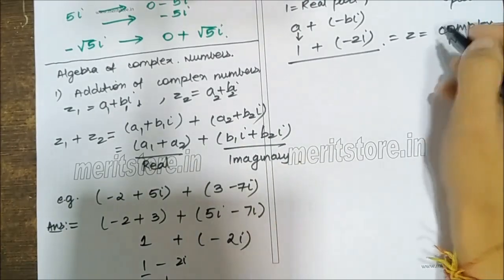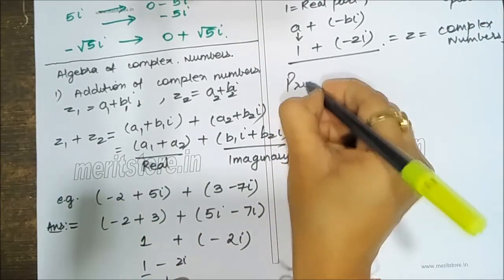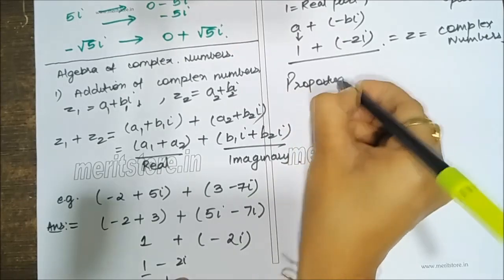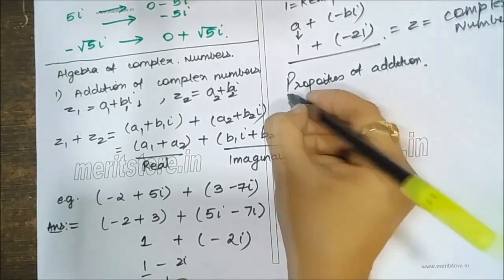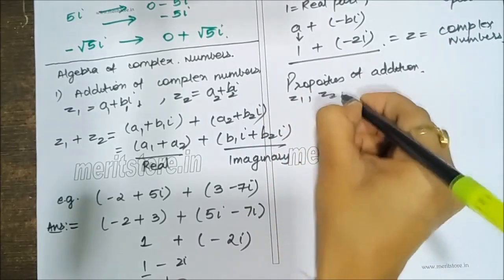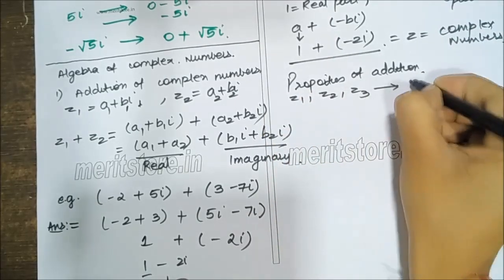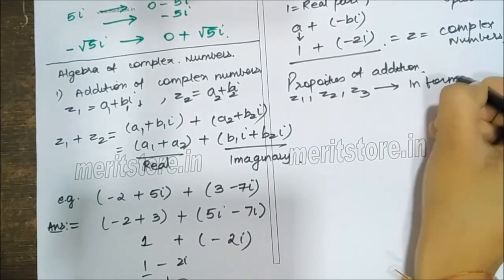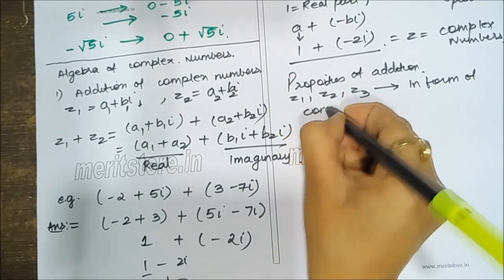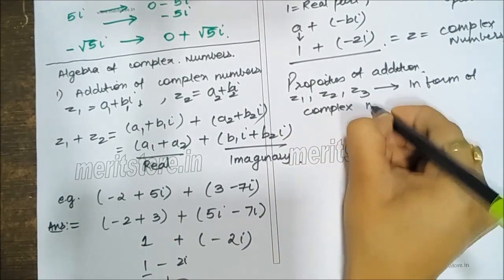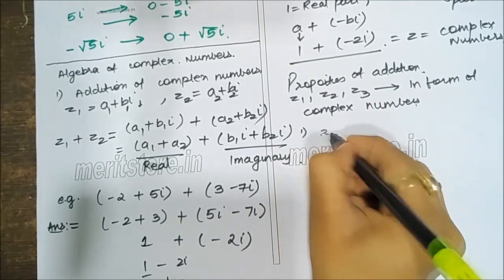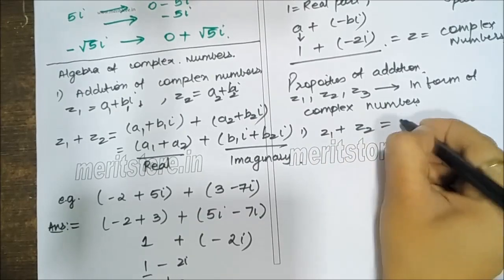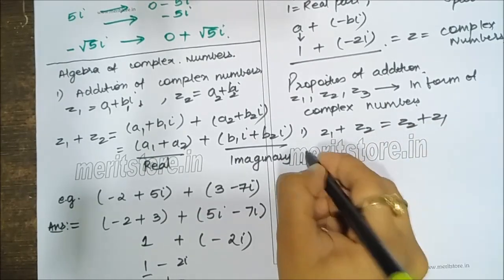After that, certain properties. Z1, Z2, Z3 all are in the form of complex numbers. First I would say Z1 plus Z2 is equal to Z2 plus Z1.